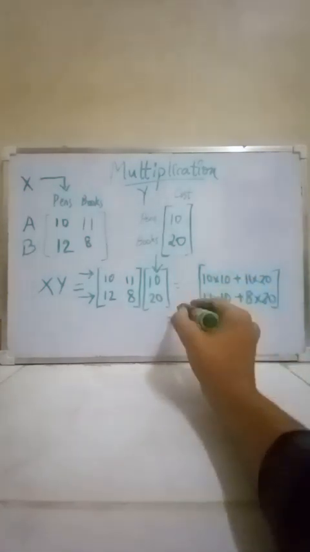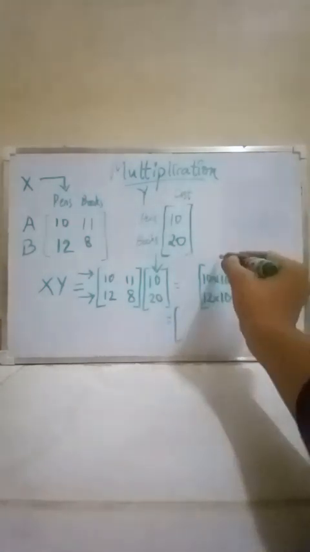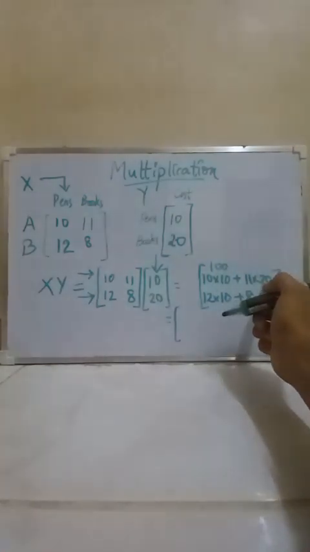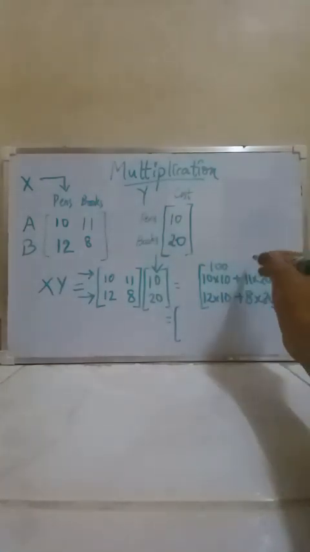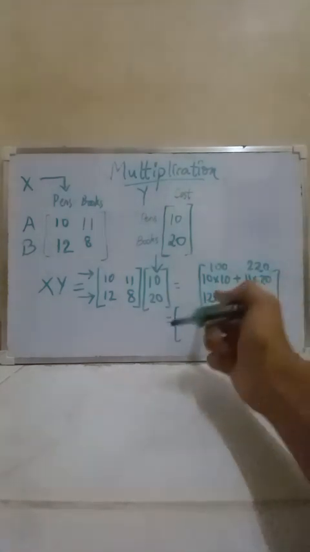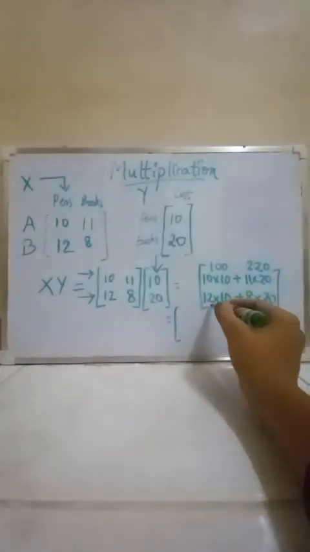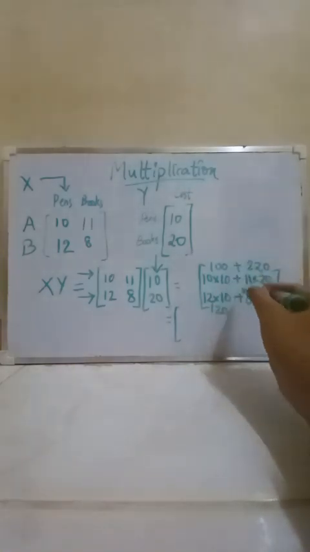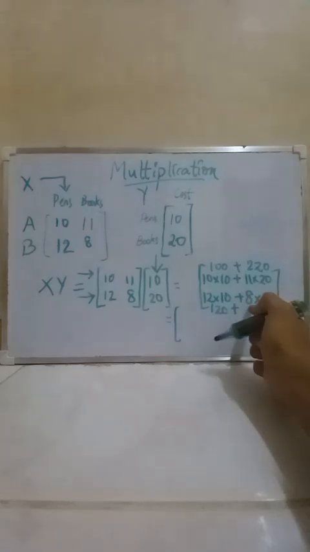10 times 10 is 100, and 11 times 20 is 220. Then 12 times 10 is 120. Now we have to add this also, right? Then 8 times 20 is 160.